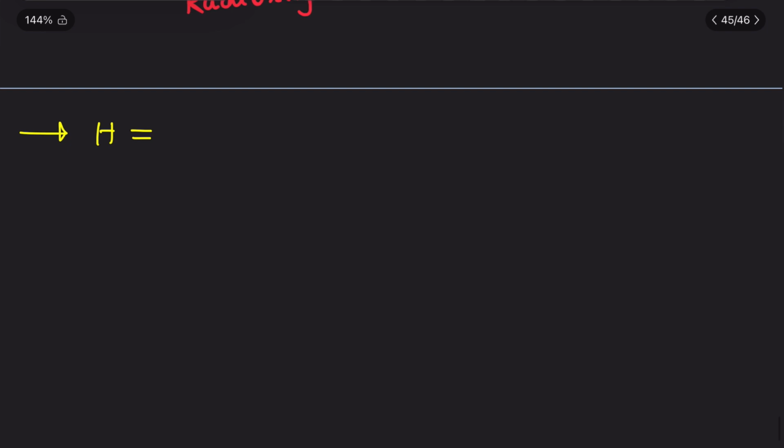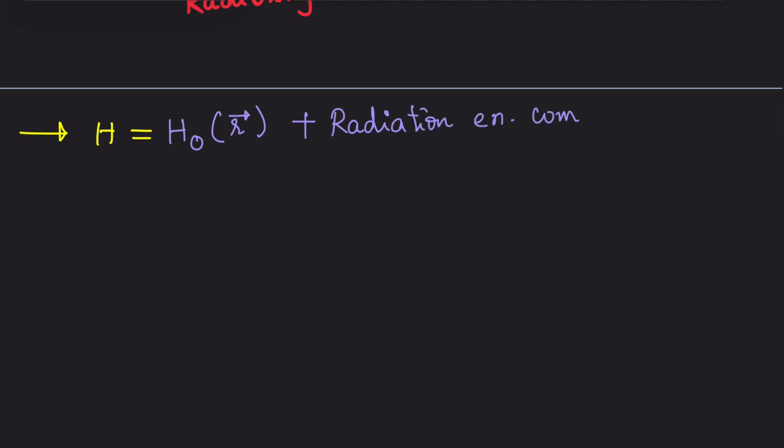So it has two parts, one is this H_O, that is a function of r, plus everything that is coming, okay. So irradiation I should write, or radiation energy coming from the enclosure itself, from the enclosure.